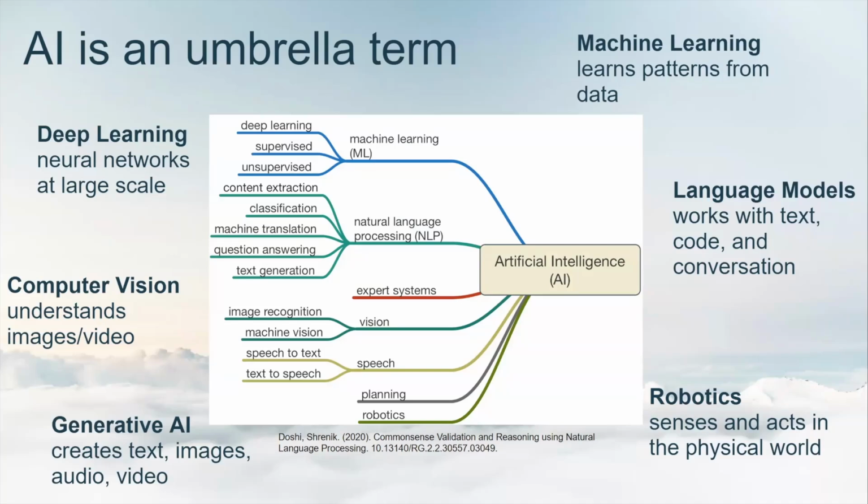Computer vision is a big one that's been around for a few decades now. Generative AI is what people might mean by AI today. And then there's even robotics, sort of physical training of actual machines to do tasks. And then some other things that I didn't even list on the outside, but you can see here in the middle, like vision and speech and so on and so on.